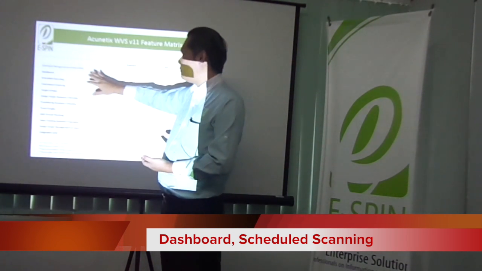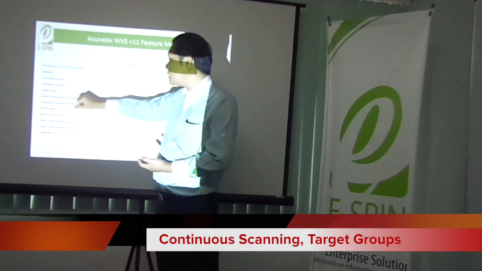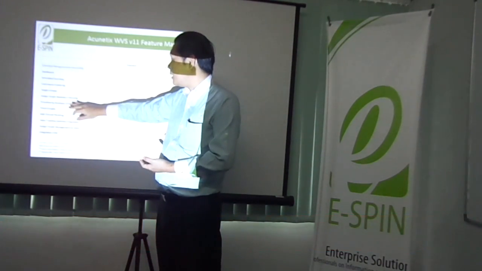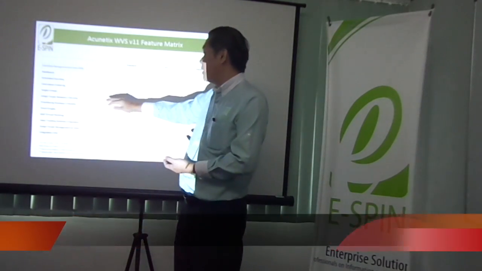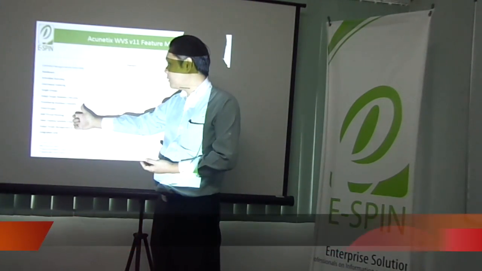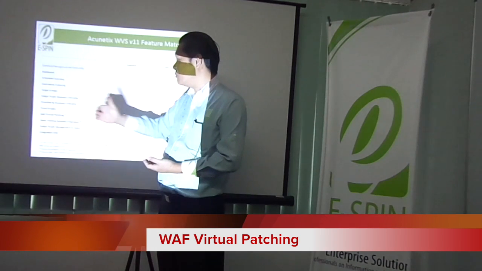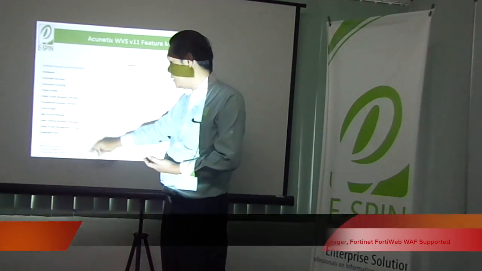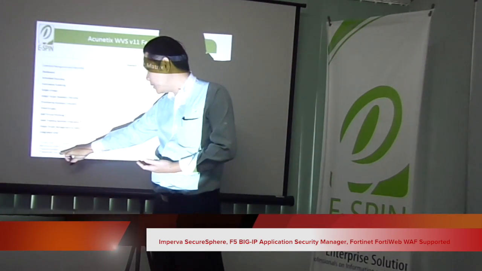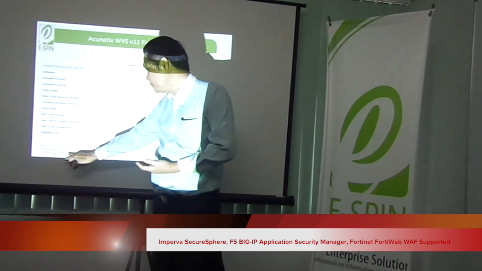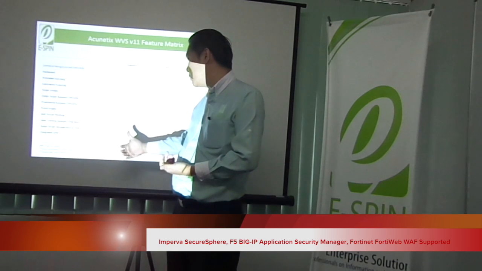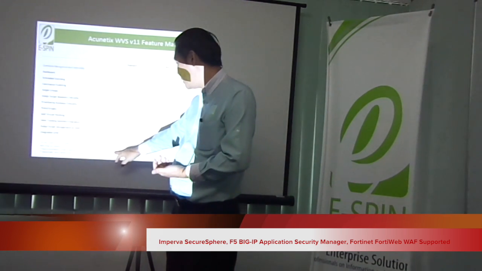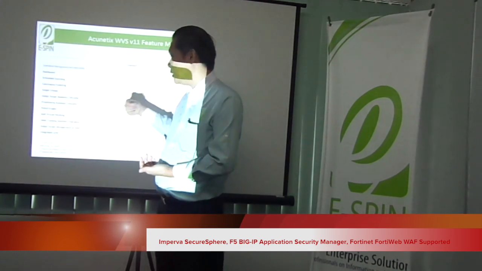the standard set of features, for instance continuous scanning, target groups, business critical prioritization by the business criticality, the twin graph, and the WAF, the web application firewall virtual patching, which is supported for 3 brands right now. It is the SecureSphere, the F5 BIG-IP Application Security Manager, and the Fortinet FortiWeb, the web application firewall is integrated.